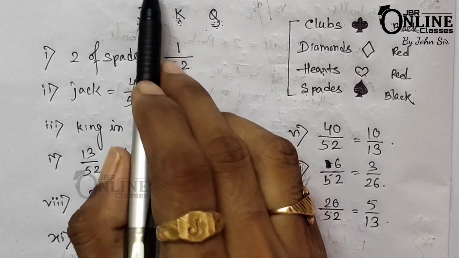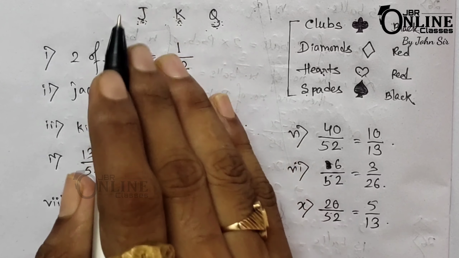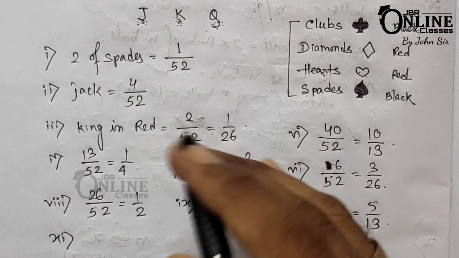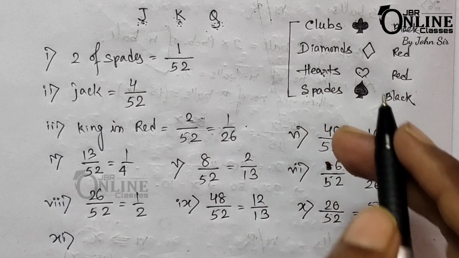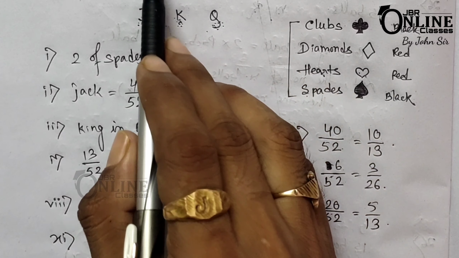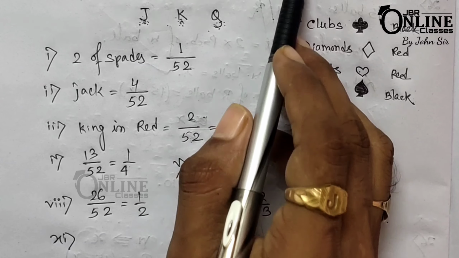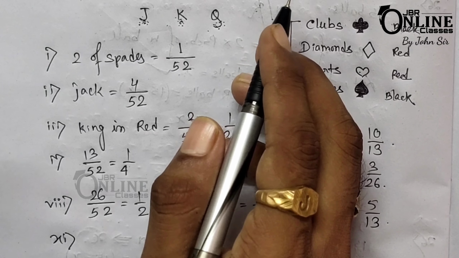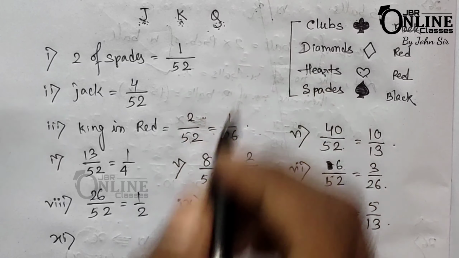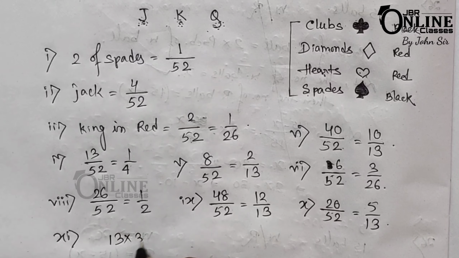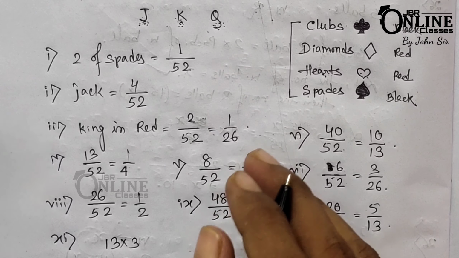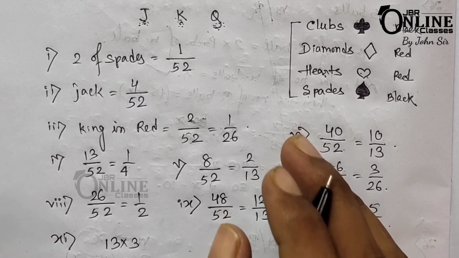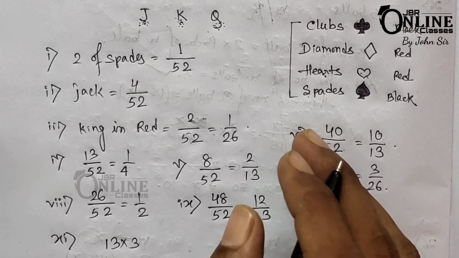Now next, you have to find cards that are neither spade. So first you have to find out the total number of spade cards, that equals 1, 2, 3, 4, 5, 6, 7, 8, 9, 10 up to 13. So non-spade means 13 into 3. 13 into 3 is the value of non-spade cards.